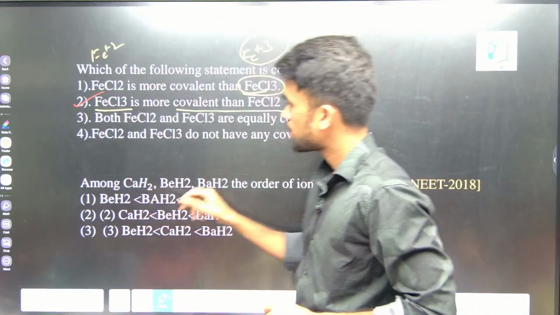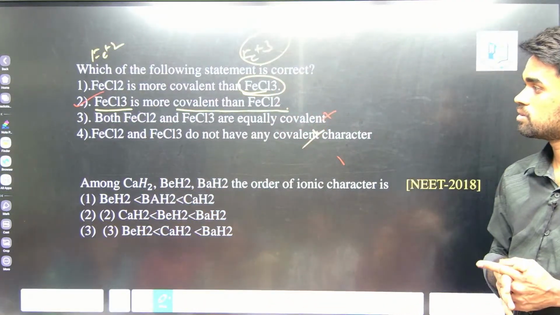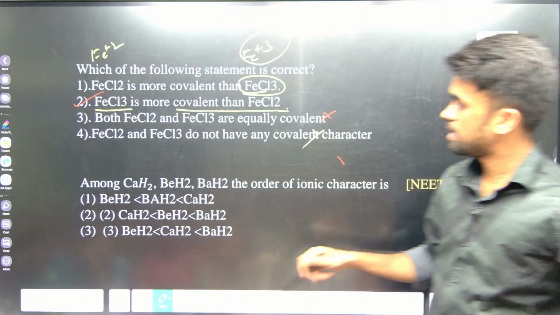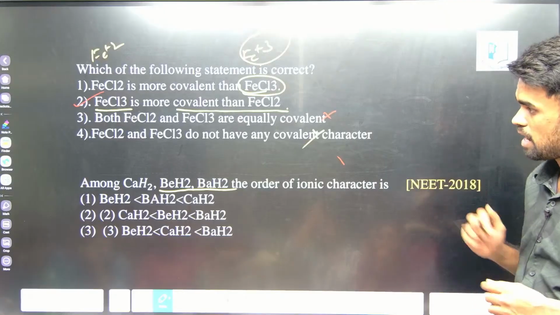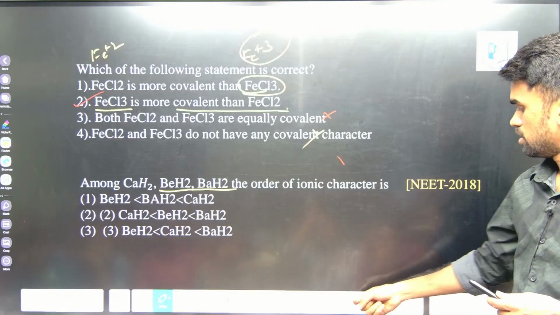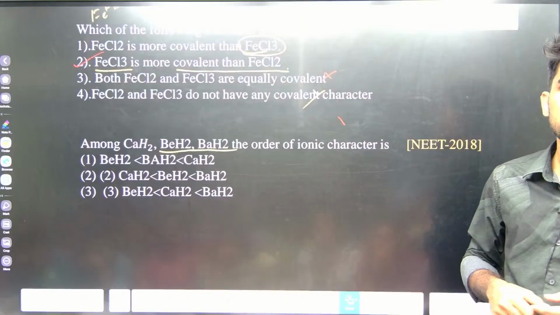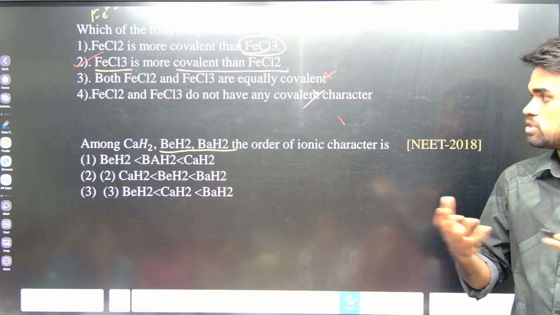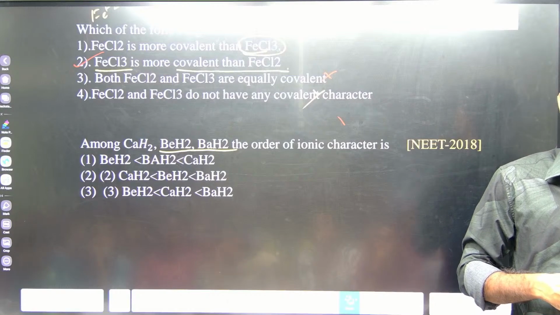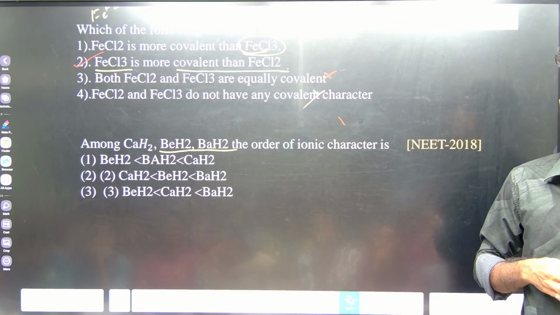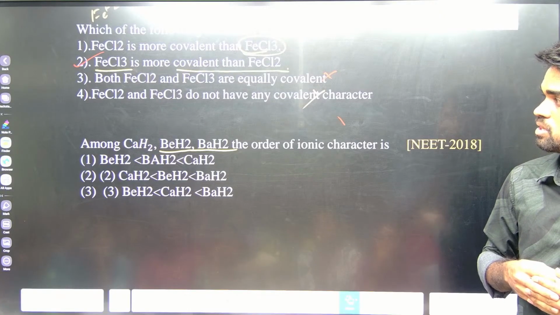Next, this one. Hydrides: calcium hydride, beryllium hydride, barium hydride are given. They are asking about ionic character. Decide their covalent character using Fajans' rule and take the opposite of it; that is your answer for ionic character. So what to check?